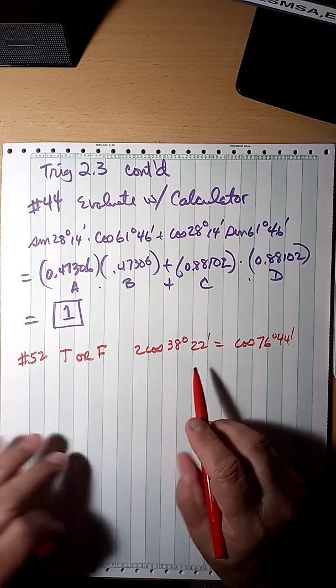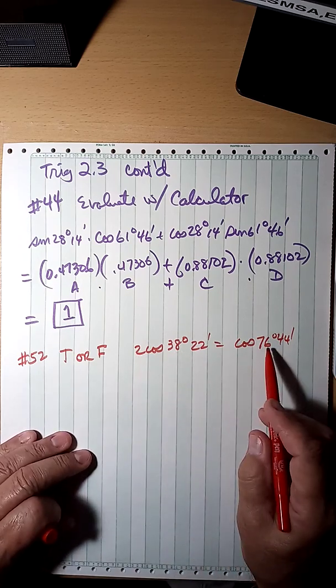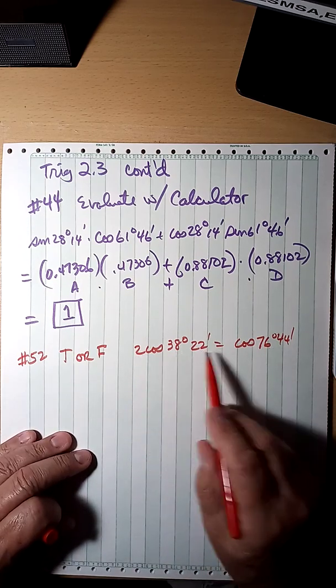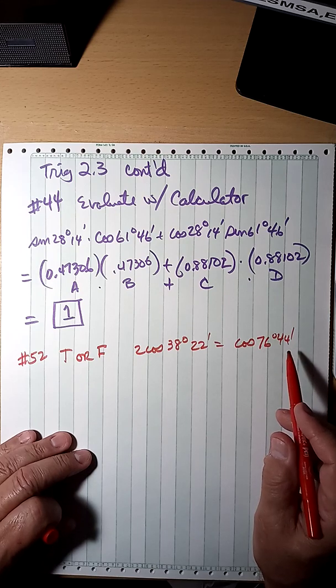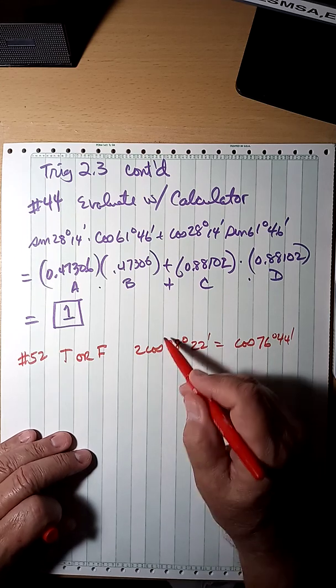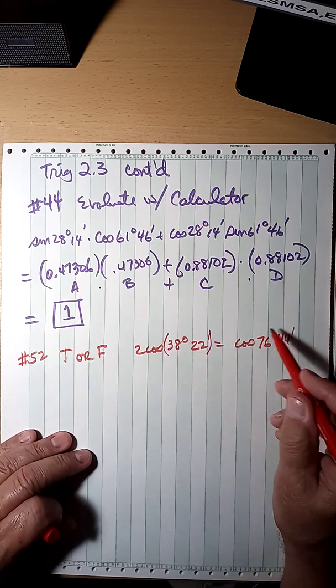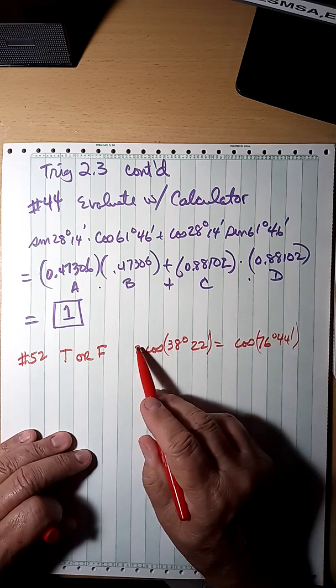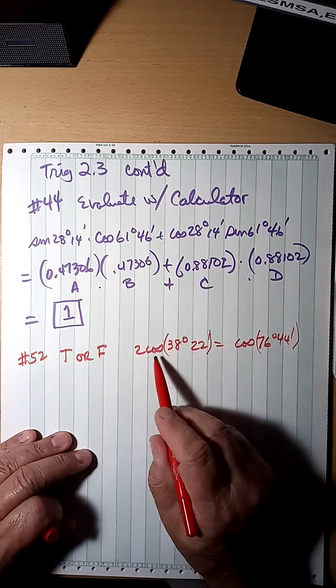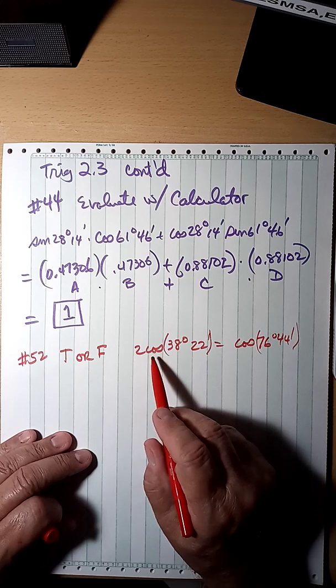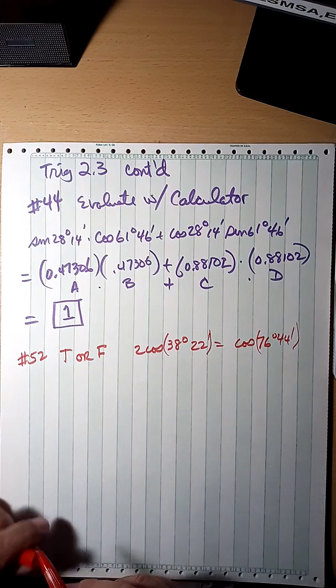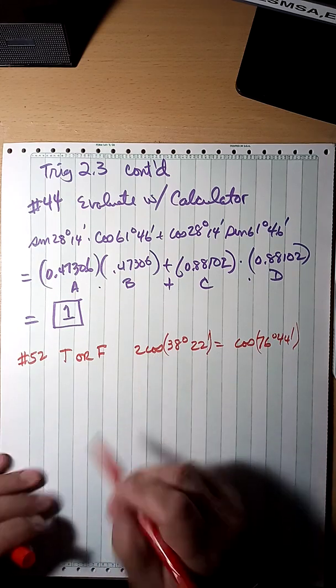Well, that's got to be true, right? Because 2 times 38 is 76, and 2 times 22 is 44. No, they're trying to show you, with parentheses especially, I guess, you cannot distribute inside this trig function. That trig function has to be applied first, and then you can multiply by 2.